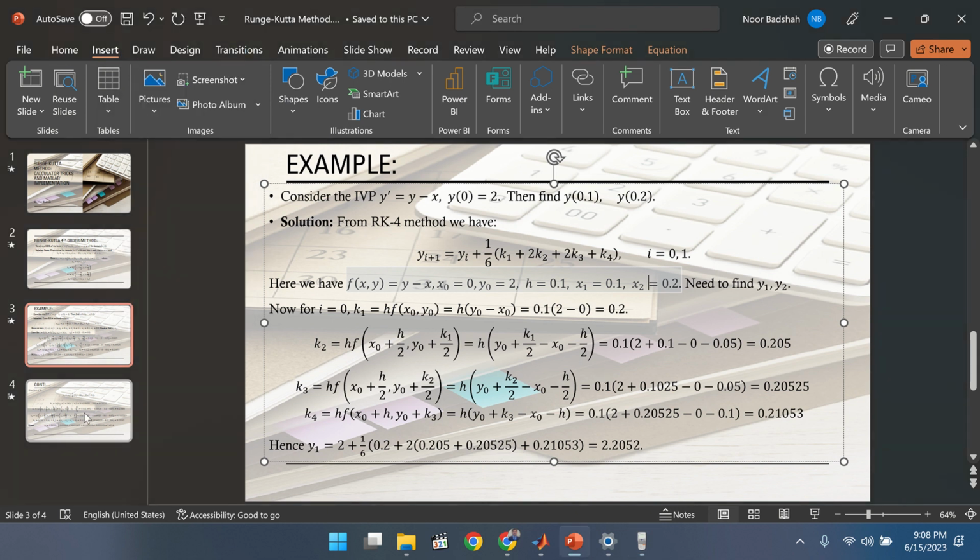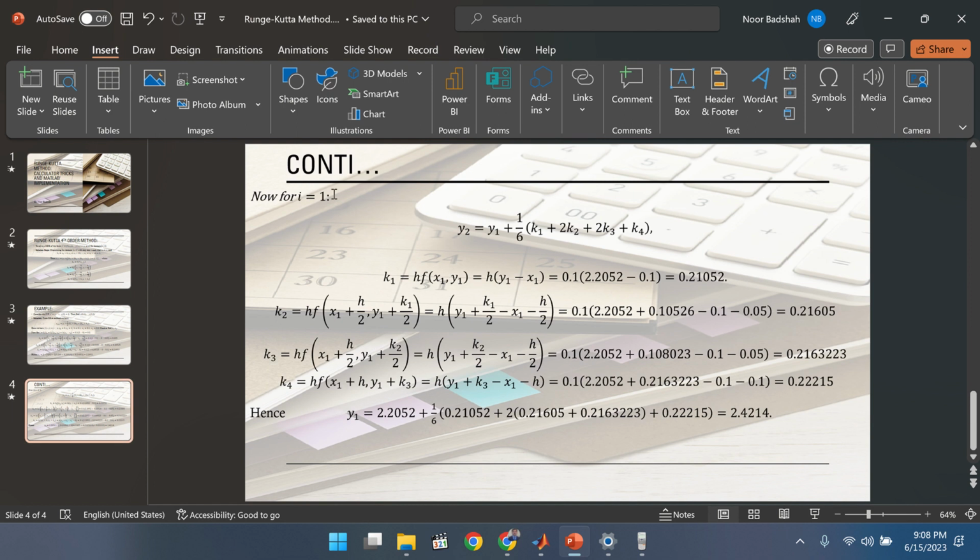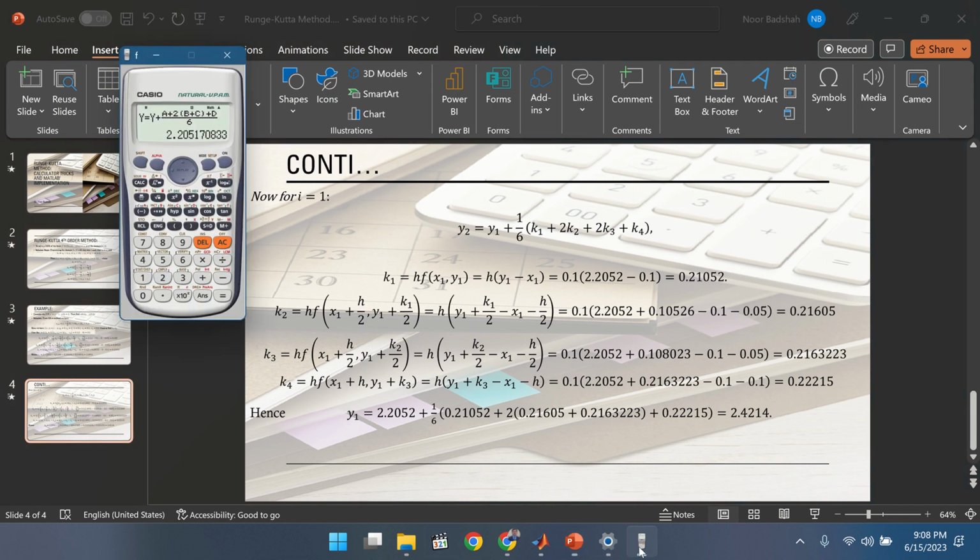Now can we extend this to y2? What would I do when I go for the next step? If I want to find the next value, that is for i equal to 1, I'll just press equal again. I don't need to do anything else.